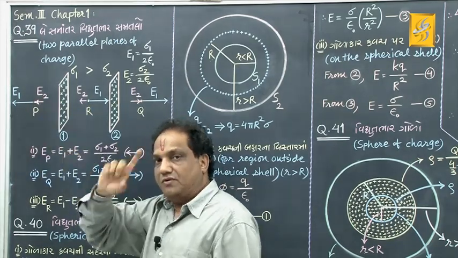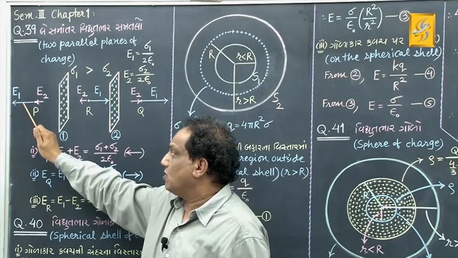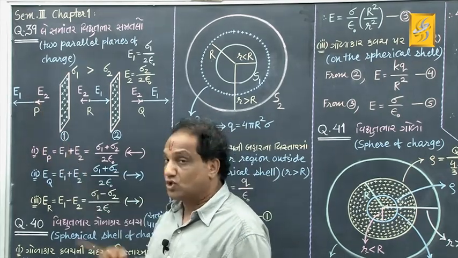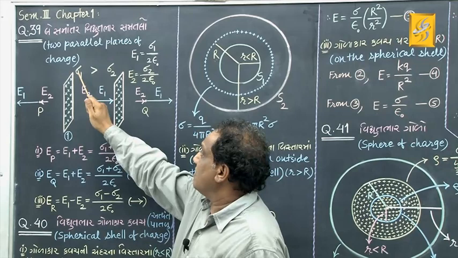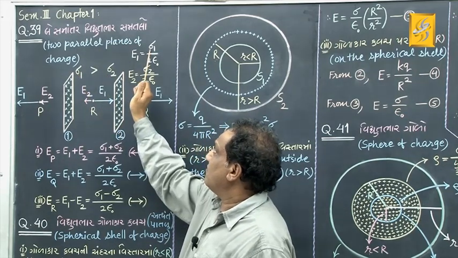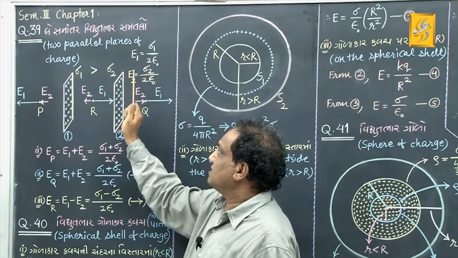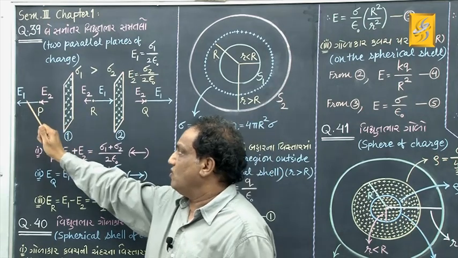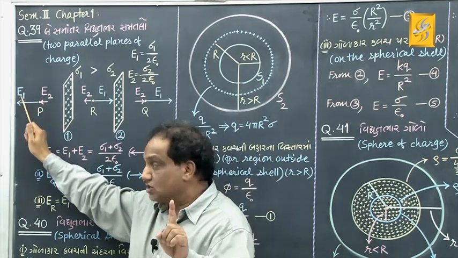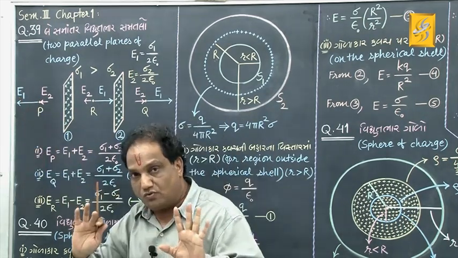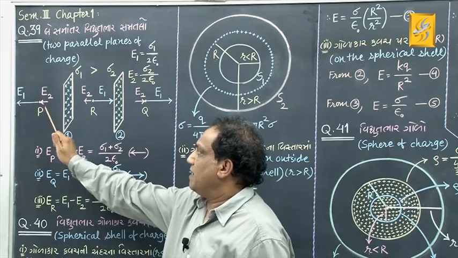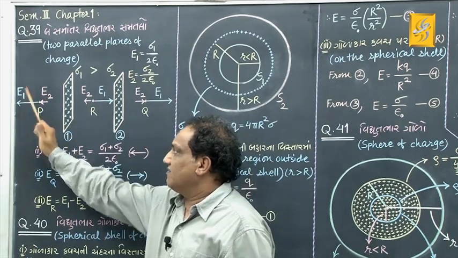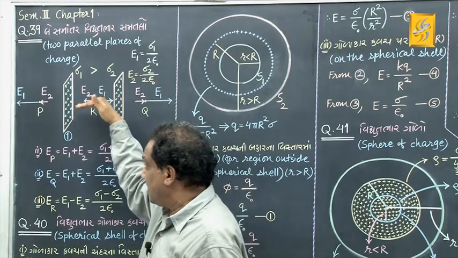Now tell me, why have I shown this arrow longer and this arrow shorter? Because sigma 1 is greater than sigma 2. When sigma 1 is greater than sigma 2, E1 is greater than E2. Because value of E1 is greater, I must show it by a longer arrow. Correct? Now at point P, both these electric fields are pointing in the same direction.